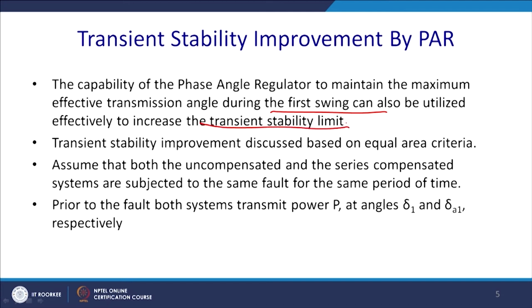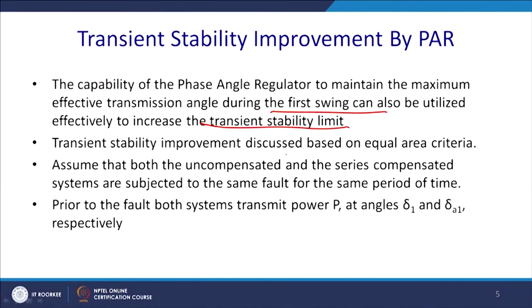So, by changing delta, it enhances the power handling capability, and thus in the first swing it can increase the power flow through this transmission network. For transient stability improvement, we will again take the equal area criterion and show how the transient stability is enhanced by the presence of the PAR.